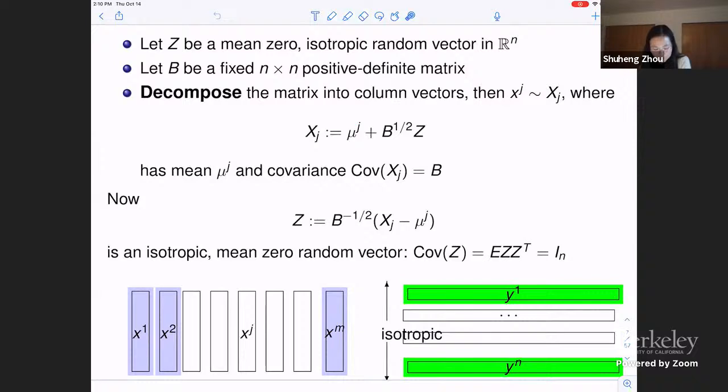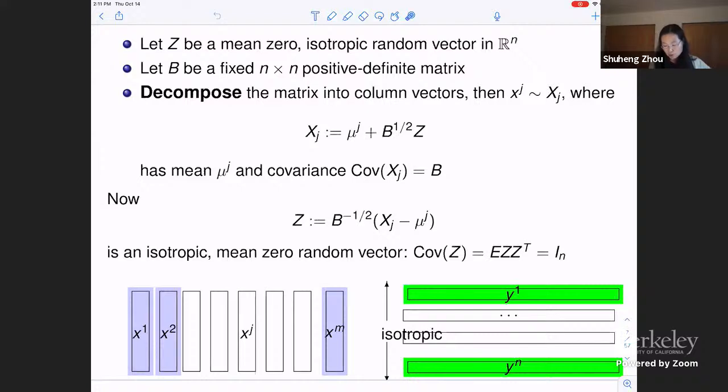And now if we can apply B^(-1/2) in front of the centered data, so when I say centered data, I mean I take the mean out from this high dimensional vector, then Z becomes uncorrelated. So the covariance of Z is the identity matrix in R^n, then we have a similar story as we commonly deal with.